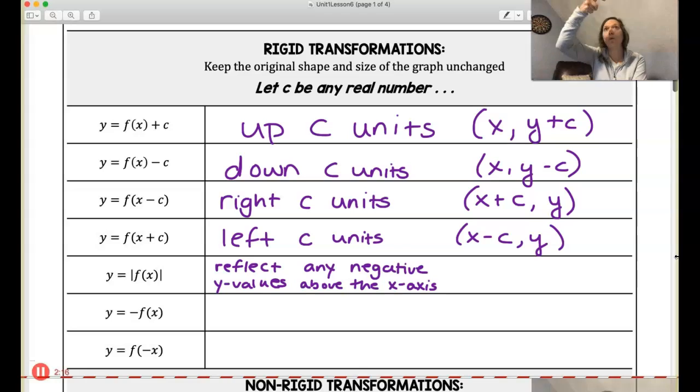So you're flipping them over, reflecting them over the x-axis. So our rule would be, we would have our x values and we would take the absolute value of whatever our y values are.